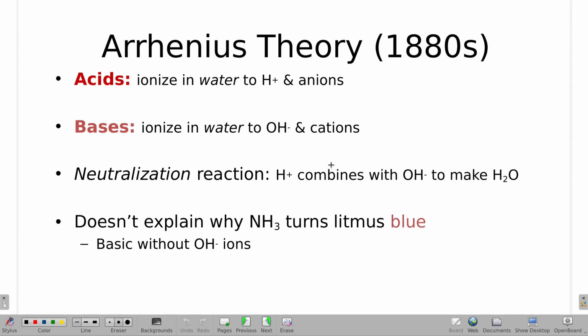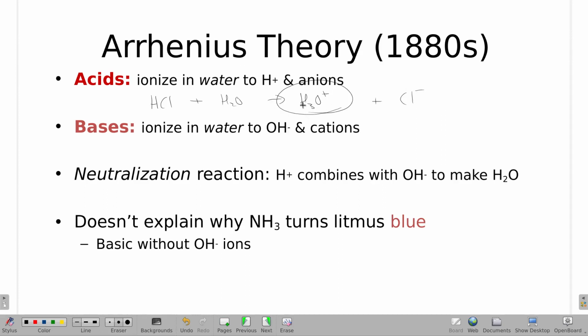Alright, our two main theories to explain acids started back in the 1800s with this guy Arrhenius. And he actually just said that acids were things that produced H pluses and bases were things that produced OHs. What he means by this: if I had that HCl that we were talking about and it bumps into water, well, he is saying that the H gets donated to the water to make H3O+, and then there's some Cl minuses floating around.